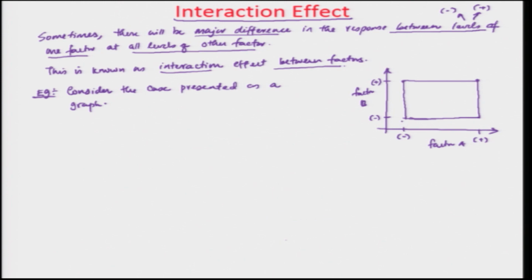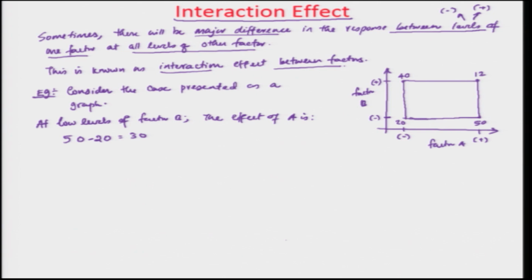Let us say at low and low it is 20, here let us call it 40, here is 50, and this is 12. In this particular case, at low levels of factor B, the effect of A is given by 50 minus 20, which is equal to 30, right.